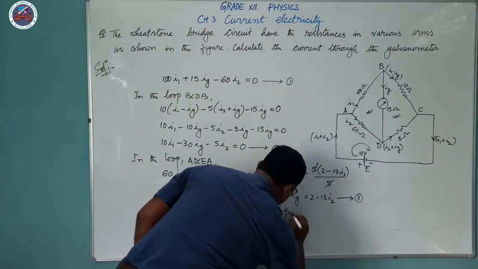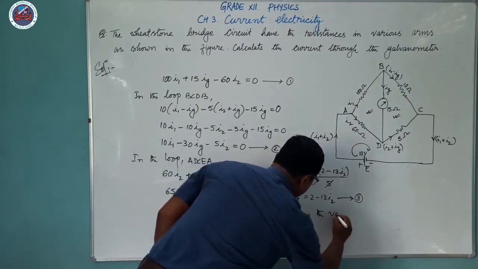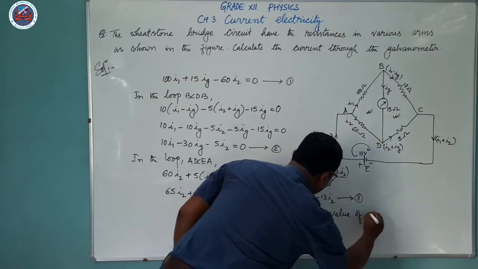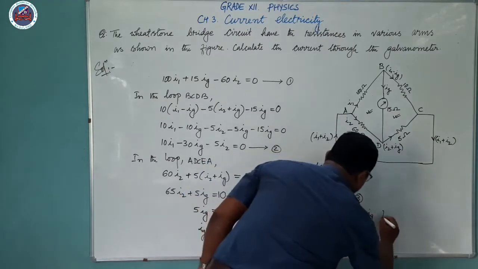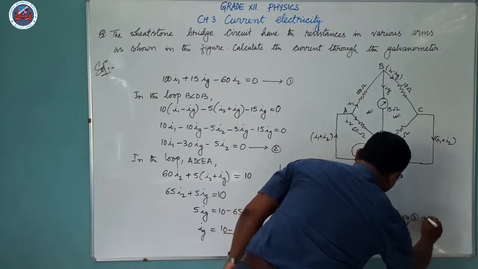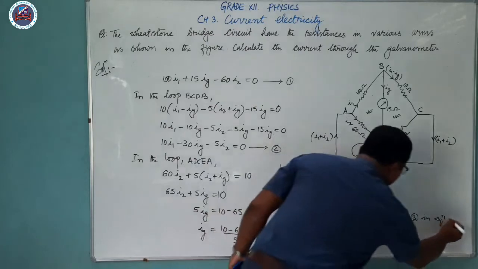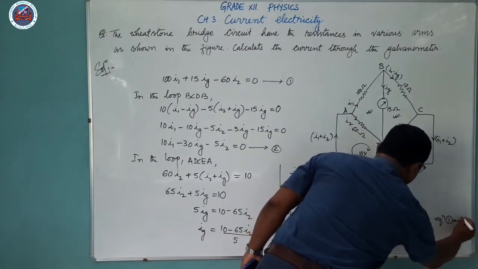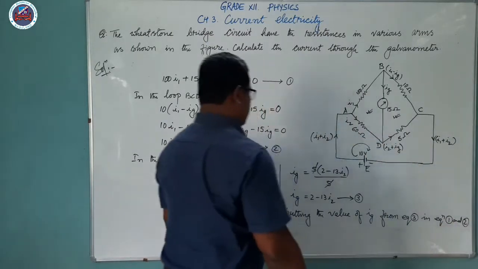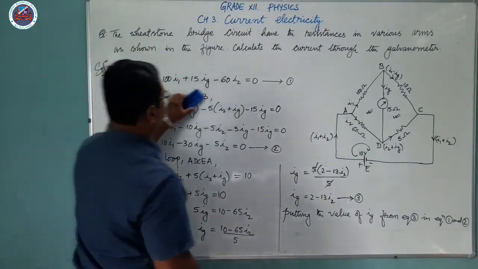Now putting the value of Ig from equation 3 in equations 1 and 2. Let us see. Here you have equation 1.